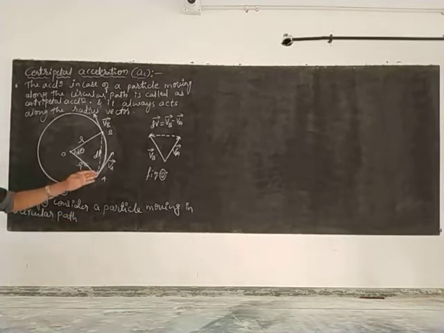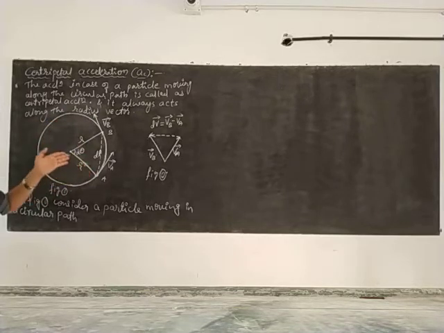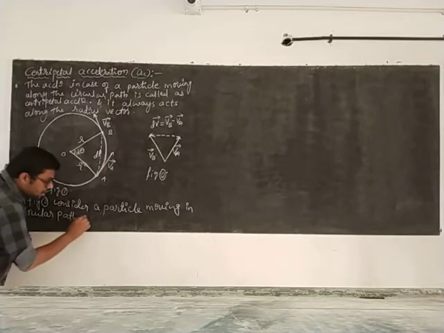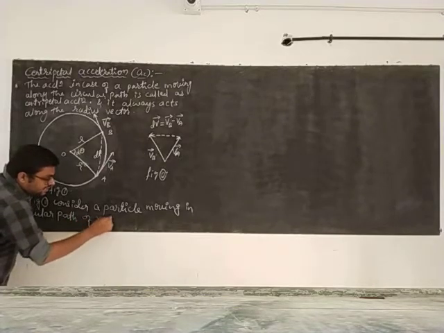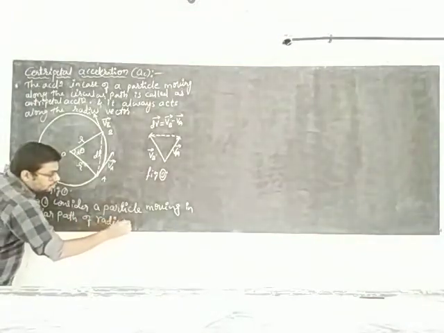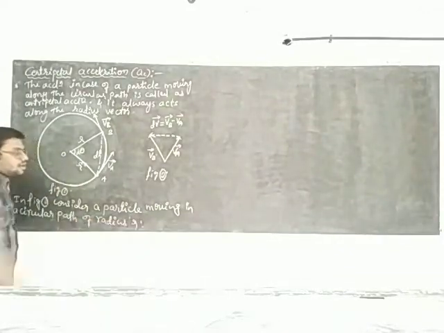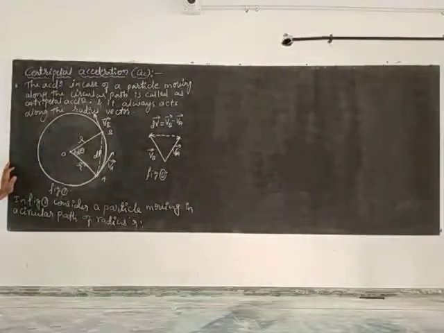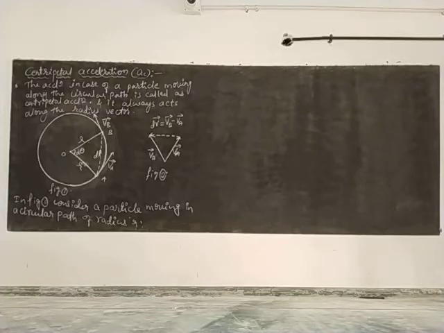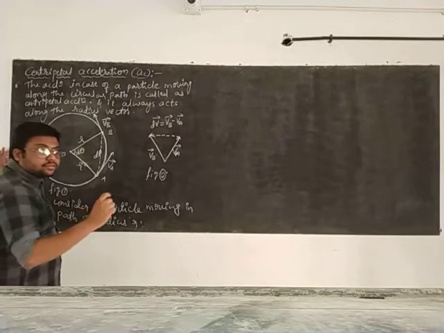So we have considered a particle which is moving in a circular path of radius r. Is it clear? Okay, with constant speed.